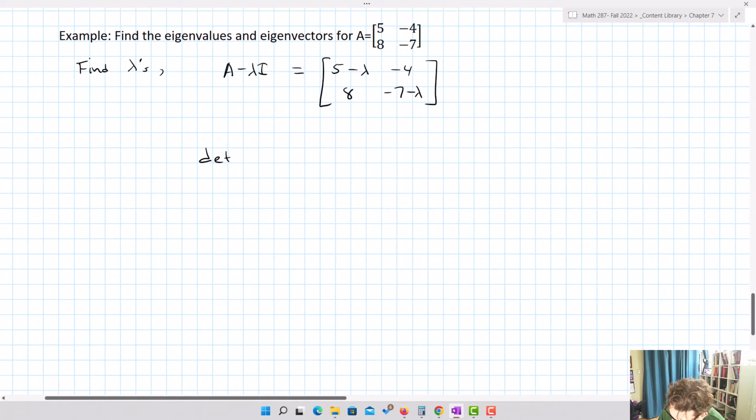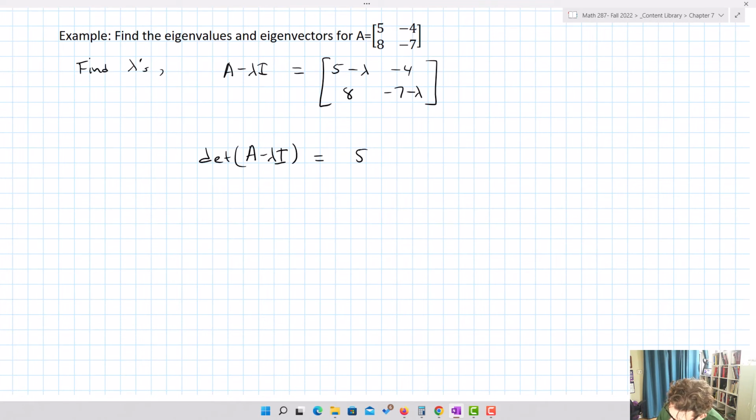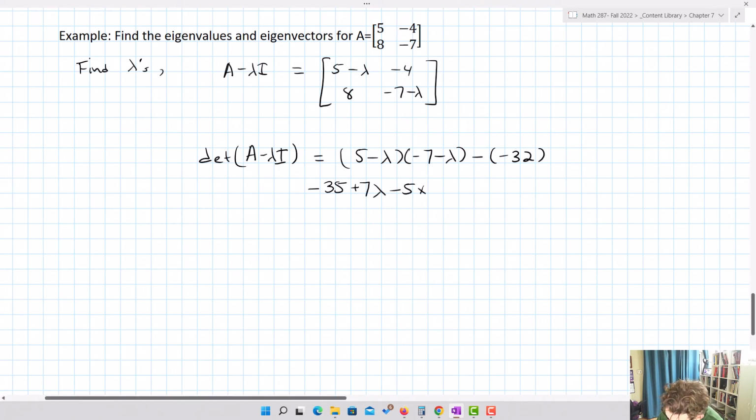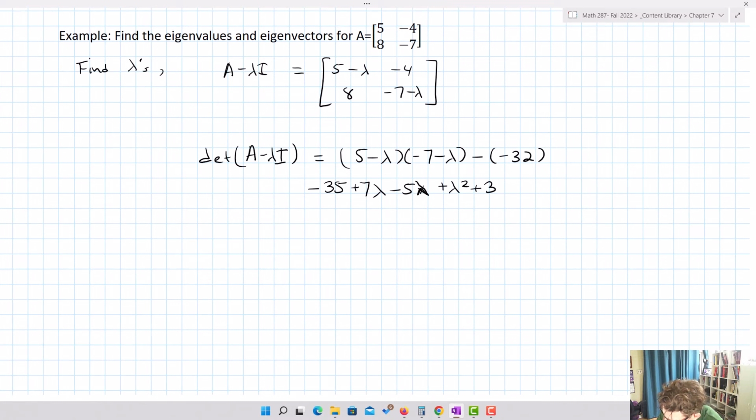The determinant of A minus lambda I is going to equal (5 minus lambda) times (-7 minus lambda) minus -32. I'm going to factor everything out in this case. I've got -35 plus 7 lambda minus 5 lambda plus lambda squared plus 32.